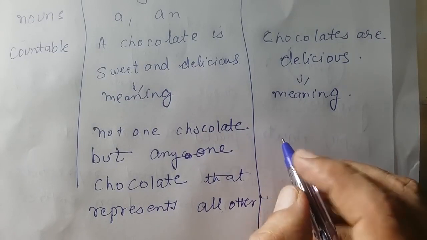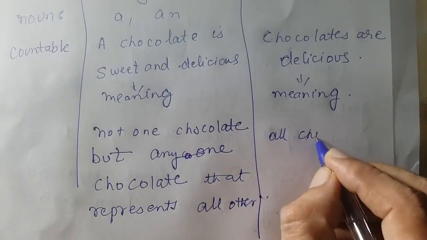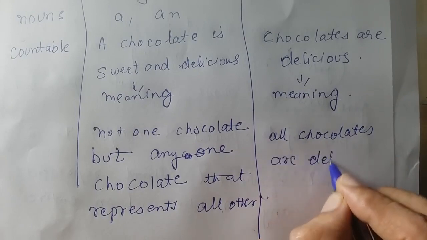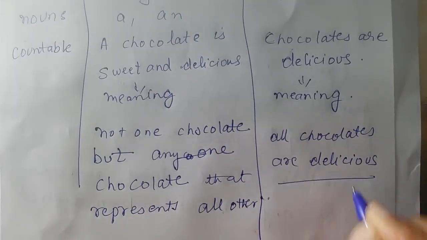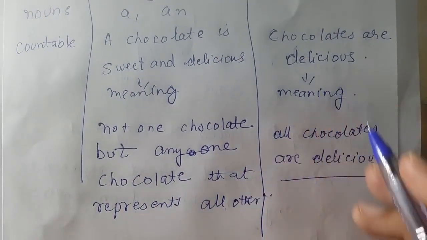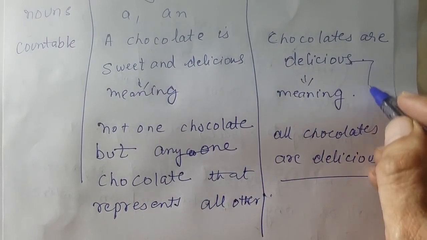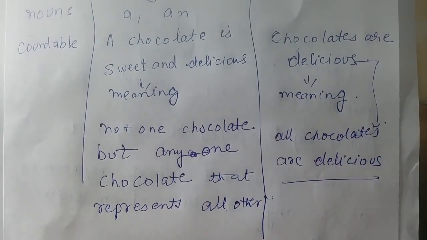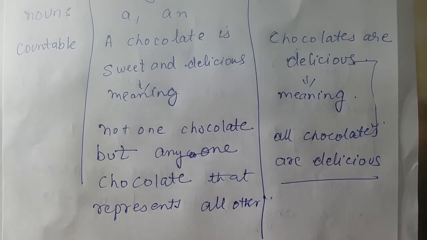Now check please, what's the meaning of all chocolates are delicious? So all, it means this line represents the whole group. That's why in the previous video in reading also I have done many, all, majority, the most.